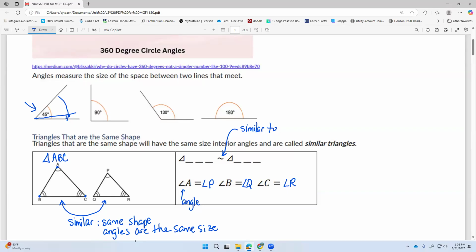However, once you decide what you're going to call the triangle, like I called this one ABC, if you want to say it's similar to another triangle, you have to be careful with the order of the letters that you use.